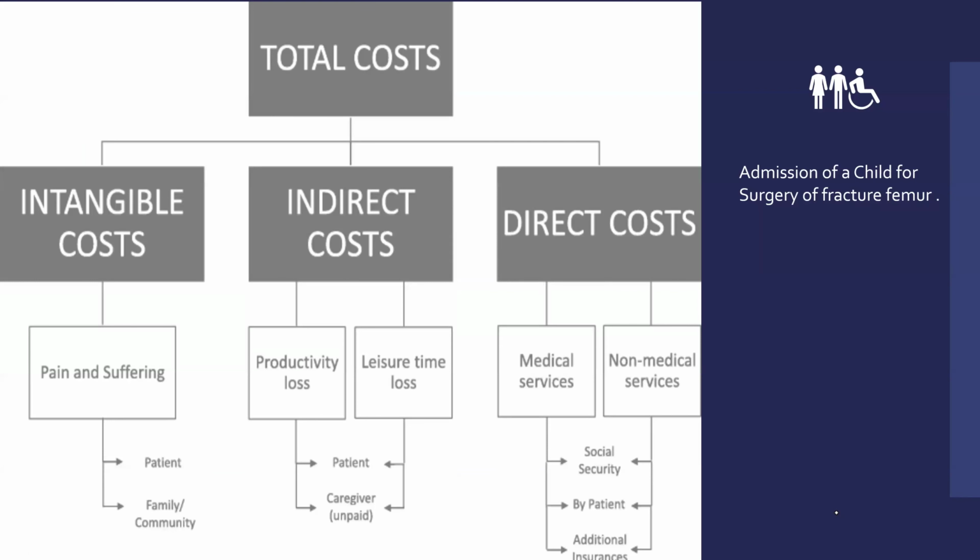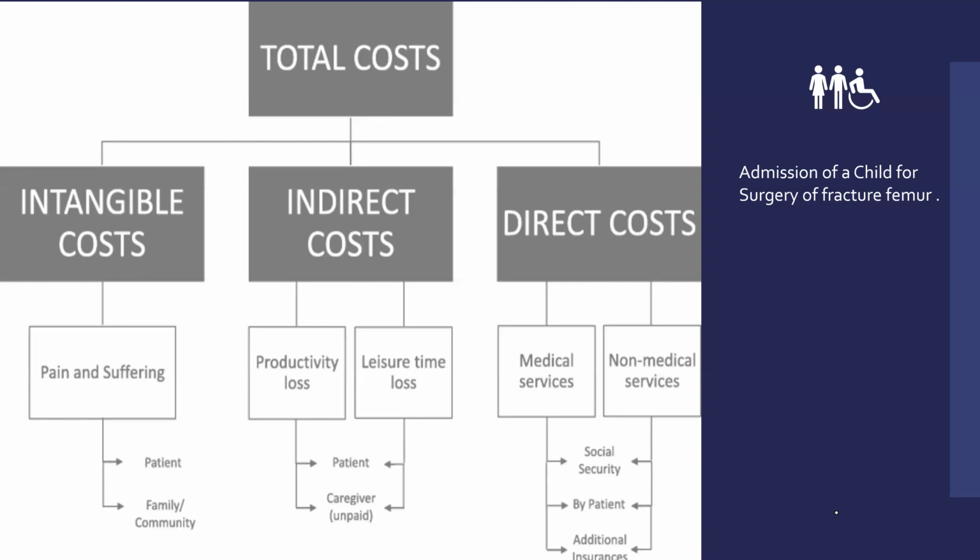The direct cost can be the direct medical cost. That is the cost of the surgery, anesthetic cost, the bed charges, the medicine charges. But there will also be some non-medical costs: the cost of staying outside somewhere, the cost of food, cost of transportation to the hospital. So that comes under direct cost, which you can measure, but non-medical.